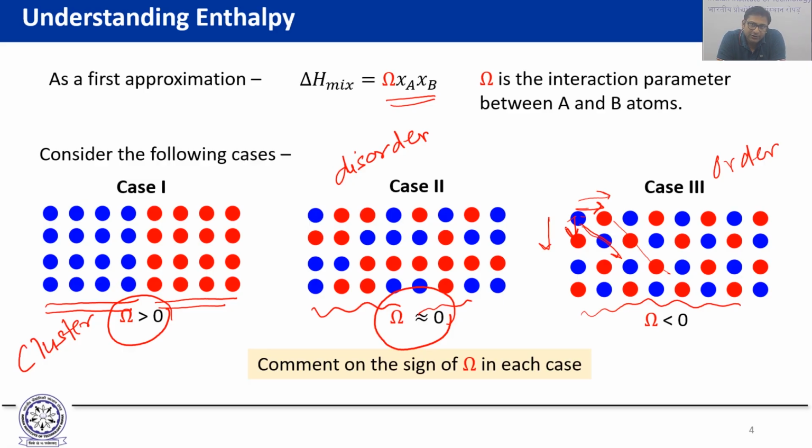And so what that tells you is these two atoms, the blue atom and the red atom, they are actually interacting very strongly and they are trying to stay close to each other. So it means that when you are mixing the red and blue together, you are moving to a stable state, you are actually lowering the Gibbs free energy. So what that means is the interaction parameter is quite likely a negative value over here.